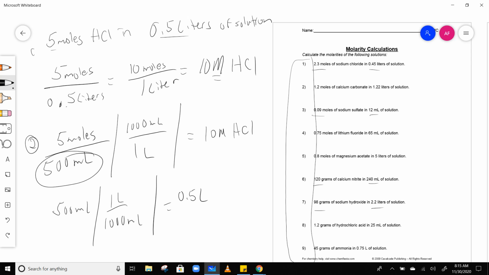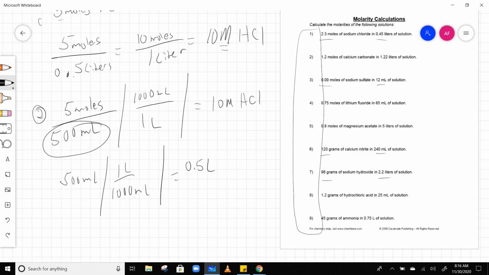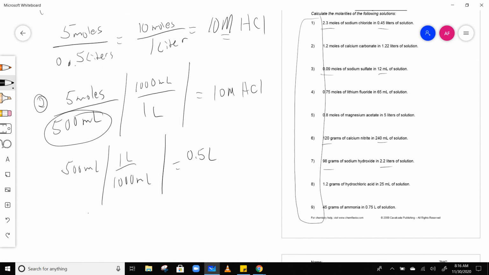Okay, so if we convert the milliliters to liters first, we get 0.5 liters. And then we have to go back and plug it back into the original, so 5 moles over 0.5 liters, and we still get 10 molar. So you could do it either way.